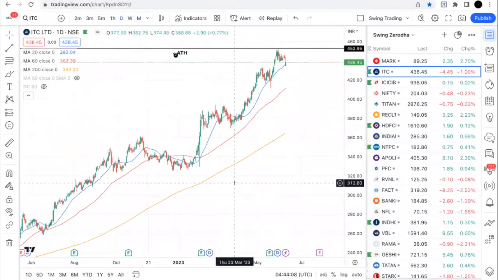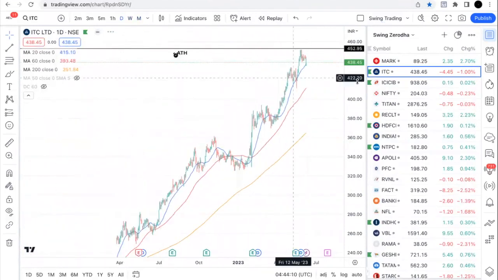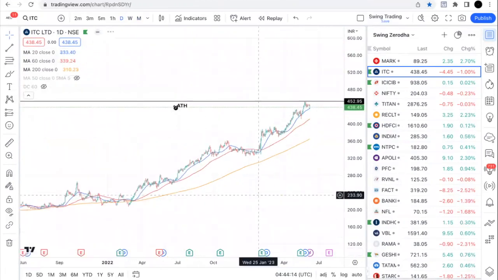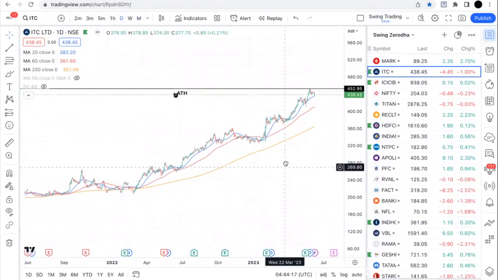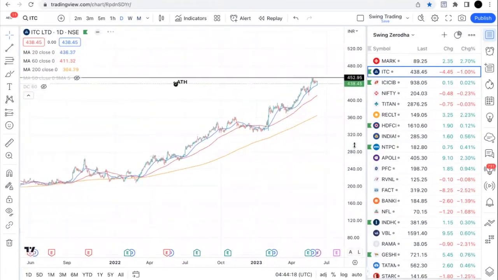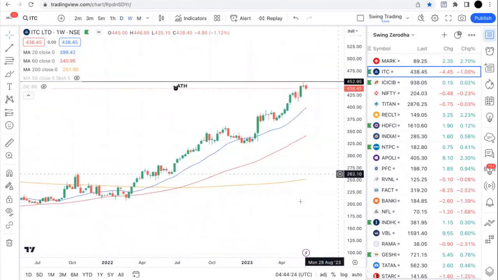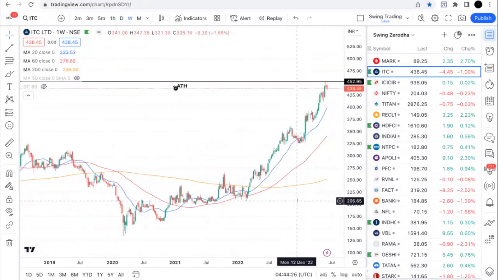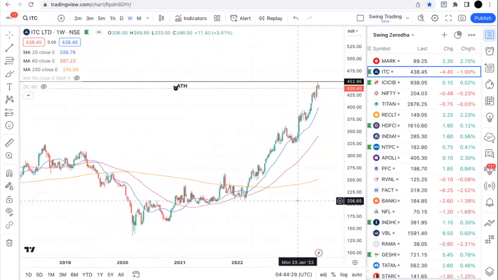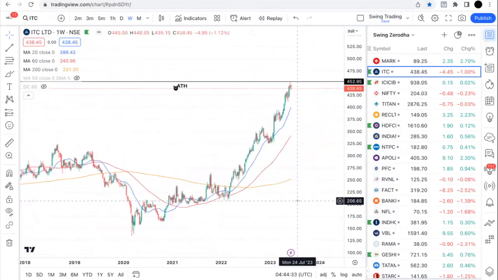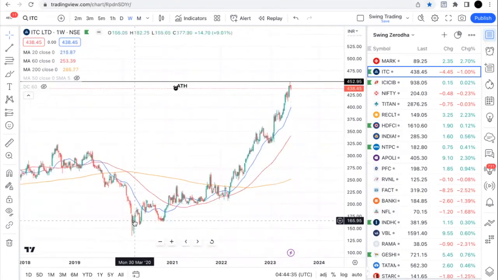If you look at the historical data and zoom out, you'll see the movement. Look at that, you see the nice movement there. On the weekly as well, I'm going to zoom out and you'll see there was a sideways trend for some time, but from 2020 onwards there's been a gradual upward move.